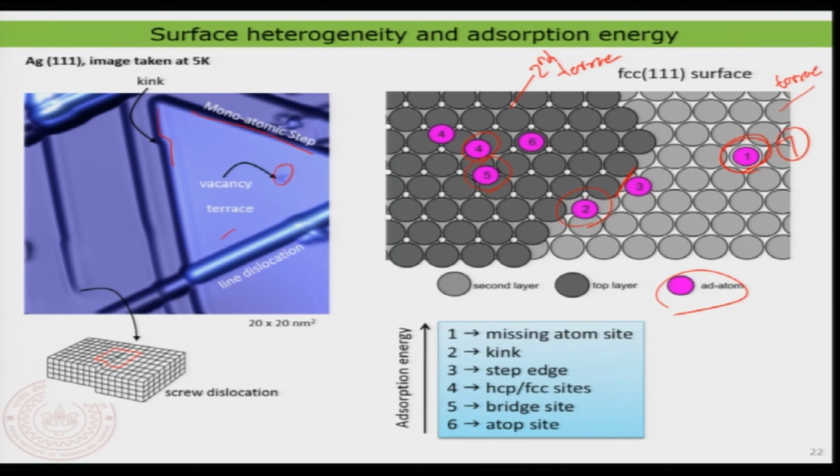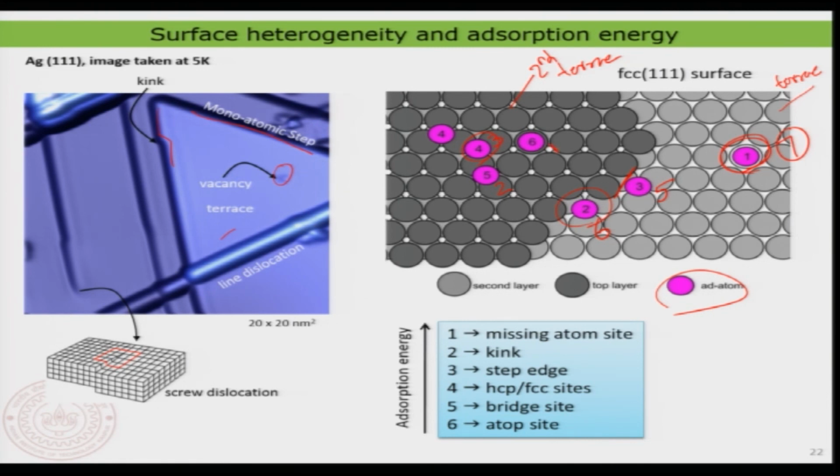So, the coordination is 7 here, and if you take the kink atom, this has a coordination of 6, this step edge has a coordination of 5, the HCP site has a coordination of 3, and a top site has just 1 coordination.